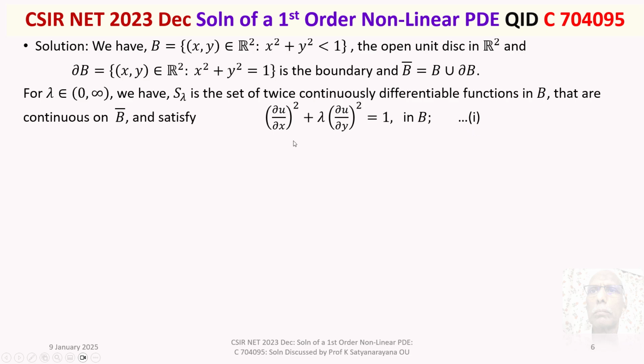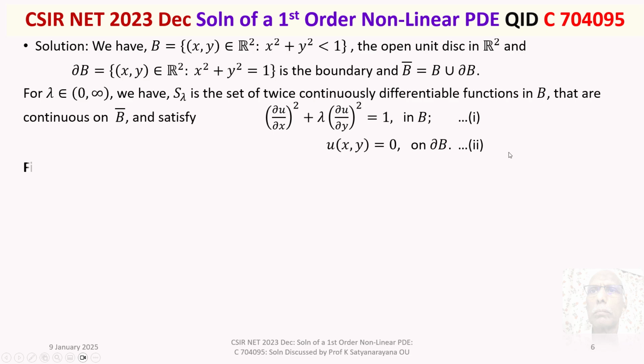It is the first order nonlinear partial differential equation. And u of (x, y) is 0 on the boundary, the second condition. Let's call it the second equation.